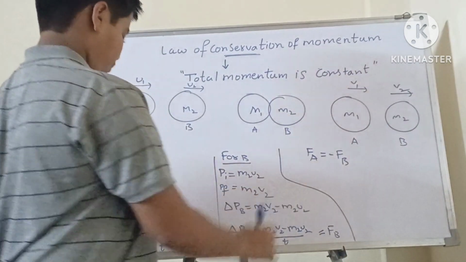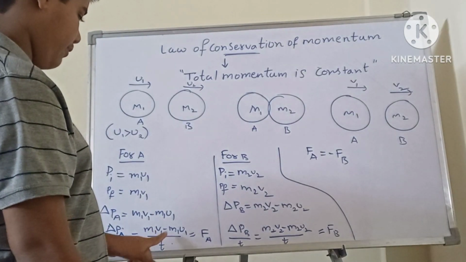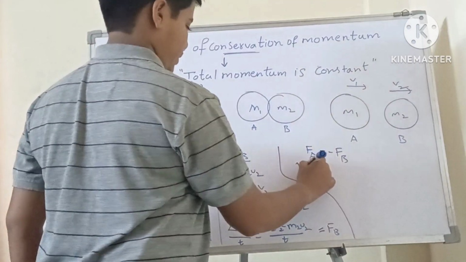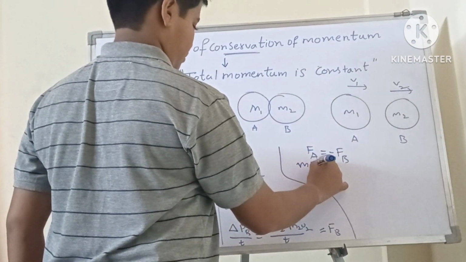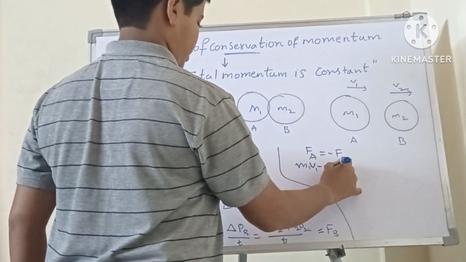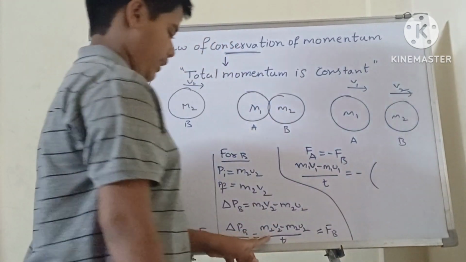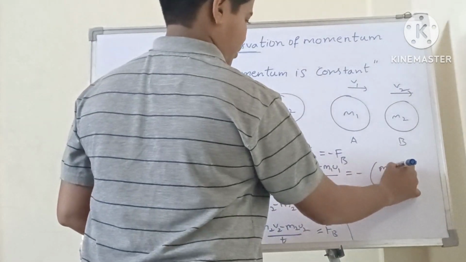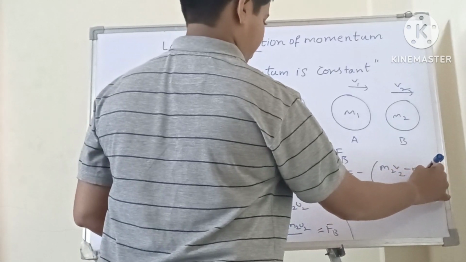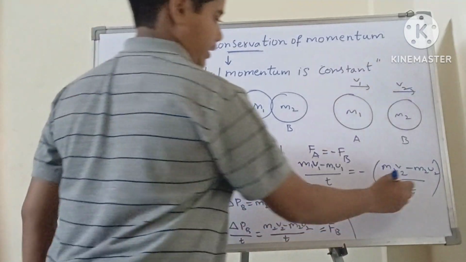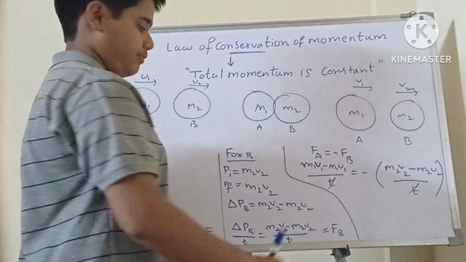So force of A is M1 V1 minus M1 U1 by T. So here M1 V1 minus M1 U1 by time is equal to minus of M2 V2 minus M2 U2 by time. So here time gets cancelled.